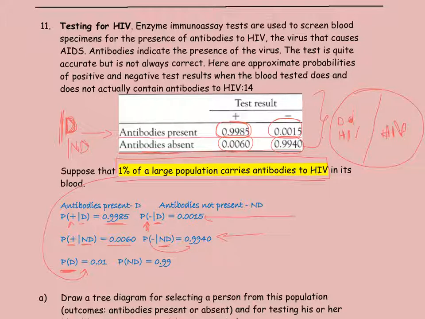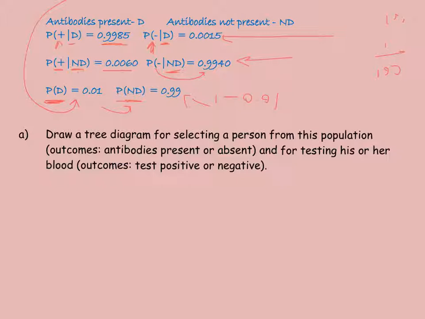The chance that someone has the disease is 1%. 1% is 1 divided by 100, and that's where the 0.01 comes from. And the immediate consequence of that is, what's the opposite? The probability that someone does not have the disease is 1 minus 0.01, which is 0.99.